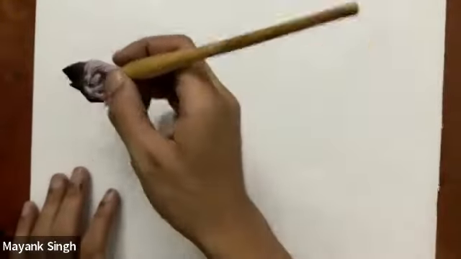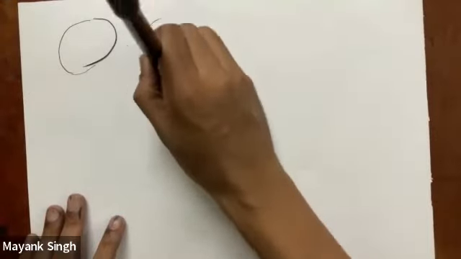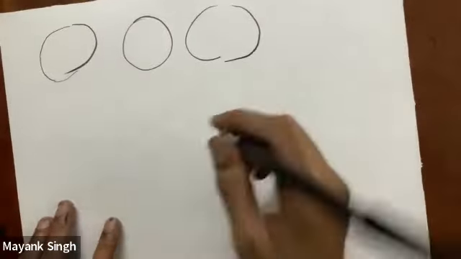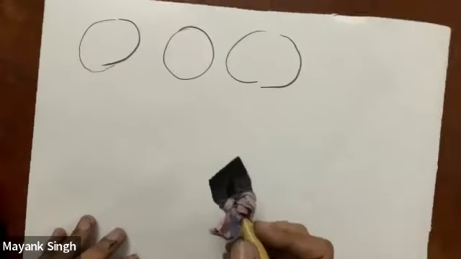Now I will talk about the crescent stroke. For this also, to make it easier, make a C, the English alphabet, or a circle, but make it with that angle.